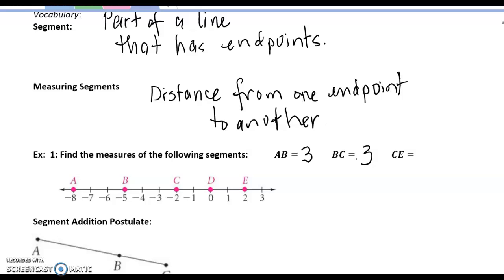We can talk about C to E. You can look at it as the addition of CD plus DE. The distance from C to D is 2 units. The distance from D to E is also 2 units. So therefore, the length of CE is 4.